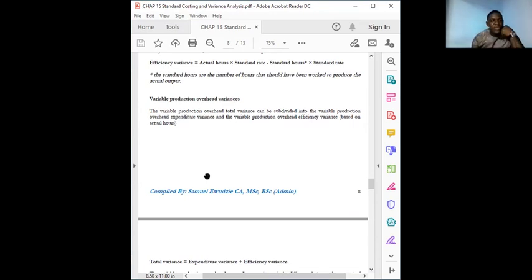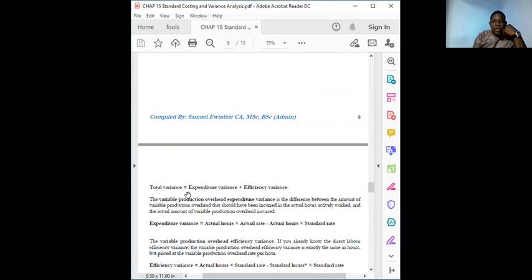Now, the variable production overhead total variance can be divided into variable production overhead expenditure variance and variable production overhead efficiency variance based on actual hours.